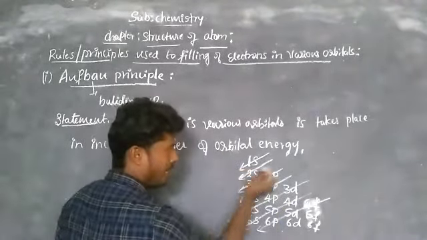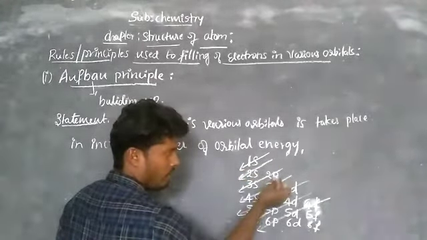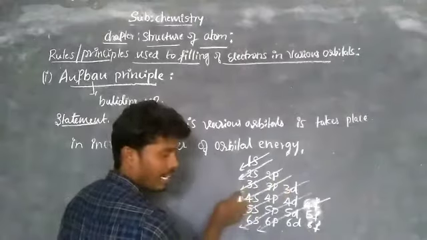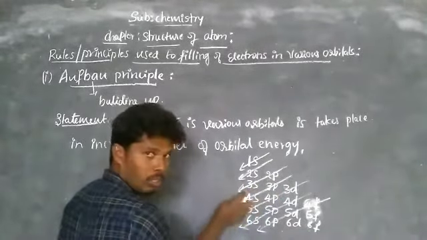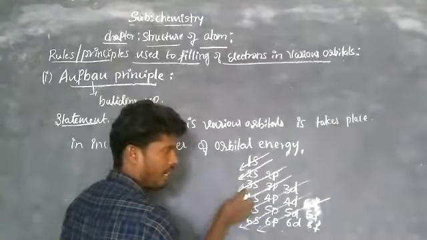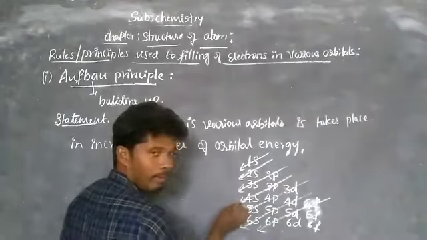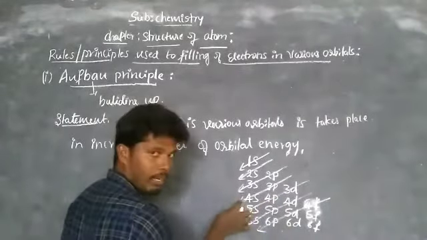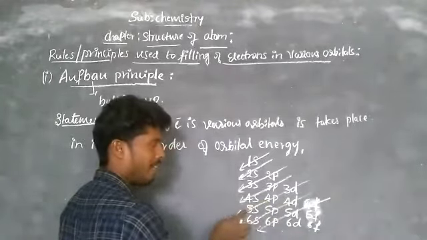Then after 1s, the arrow moves to 2s. Then after 2s, we fill 2p, then 3s, because the arrow moves from 2p to 3s. Then after filling 3s, the next one is 3p, then 4s, not 3d. Then after filling 4s, the next one is 3d, then 4p, then 5s, like that.